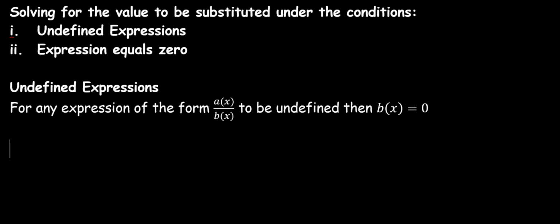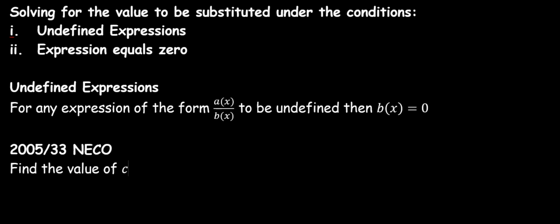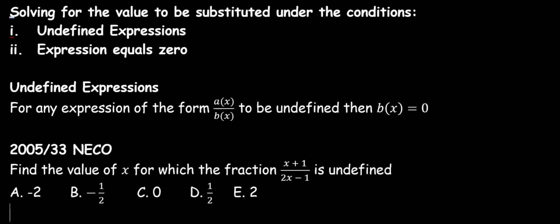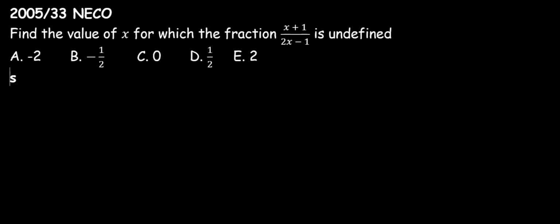Let's take our first example. Find the value of x for which the fraction x plus 1 divided by 2x minus 1 is undefined. The options are given. Solution. First, we check whether the given expression can be reduced. But from what we are seeing here, the given expression cannot reduce further.